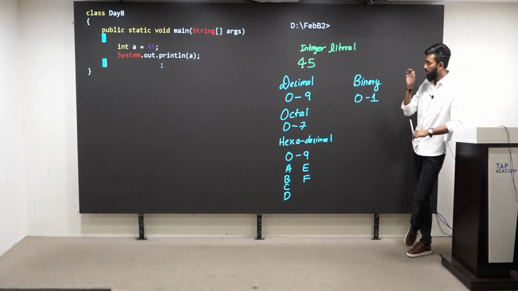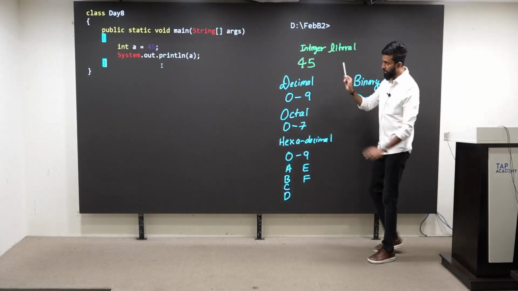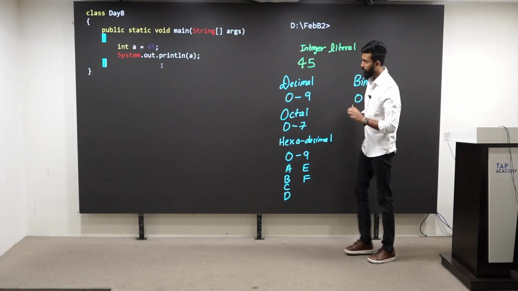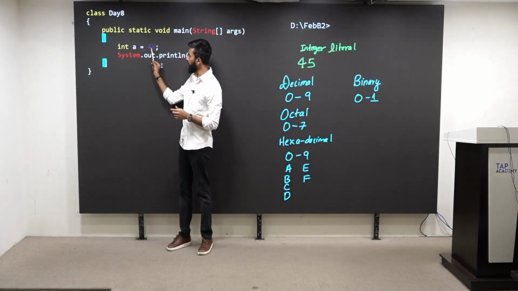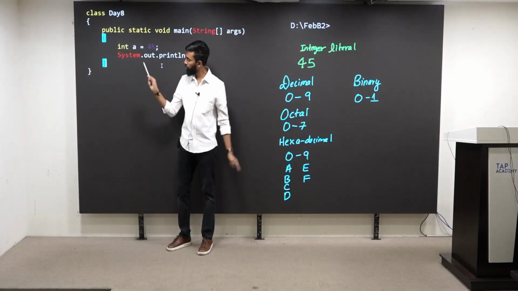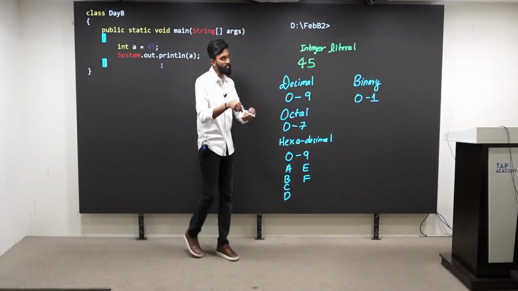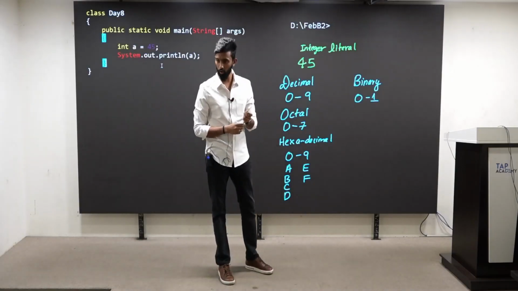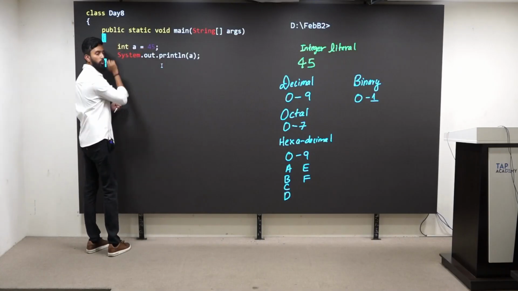Agreed? Now listen to me carefully. Based on what I have explained right now, you are storing 45. If you are storing 45, can you predict which number system you are using? Decimal number system. So it's a decimal value that you are storing. Correct or not? But if you want, you can give an octal value to Java.